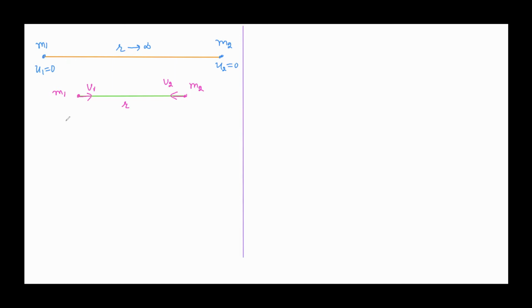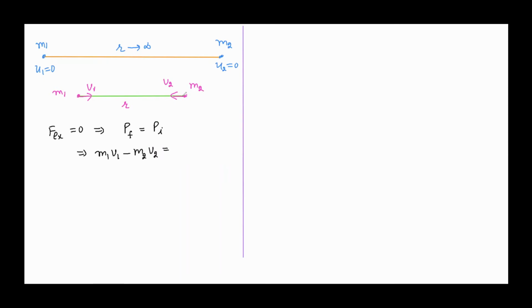Now to attempt this question, external force acting is 0. So this implies final momentum is equal to initial momentum. So this is my final position. I am taking right direction as positive. So momentum of this mass is m1 v1 will be positive. It is towards left minus m2 v2.